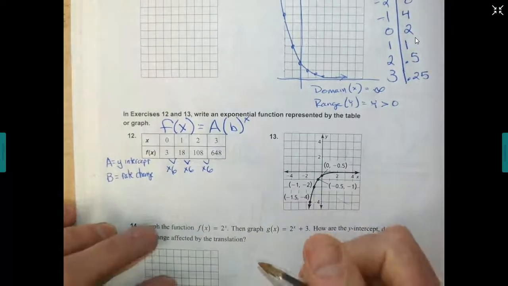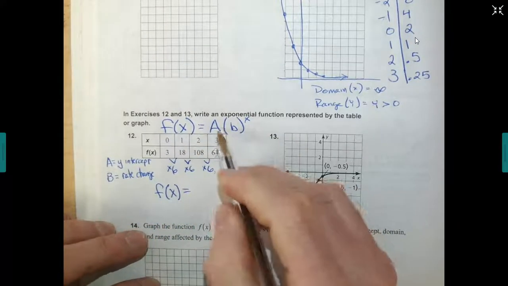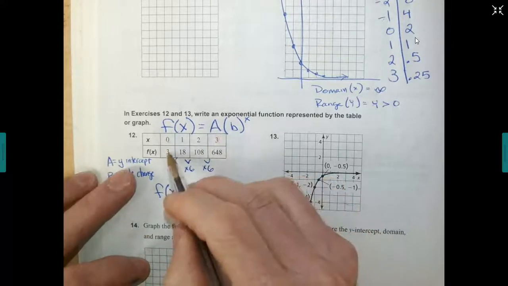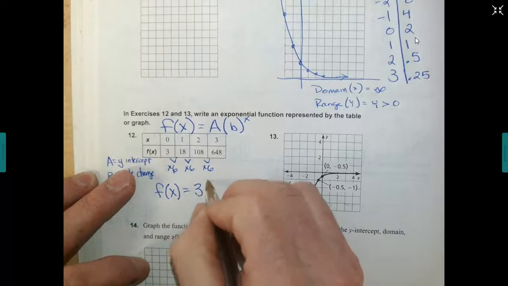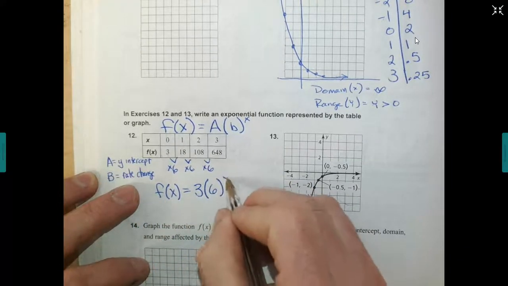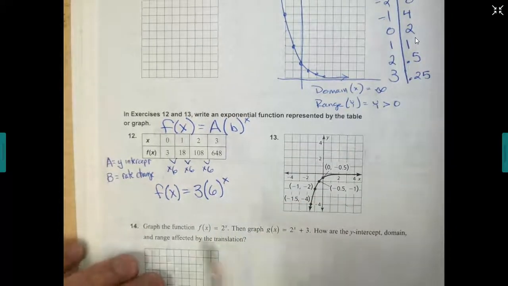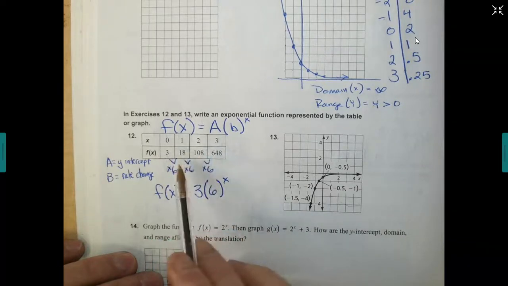So, where's our y-intercept? Our y-intercept is here at 3, right? We have 0, 3. So our y-intercept is 3, and our rate of change is times 6. There you go. You just wrote an exponential function based on that data.